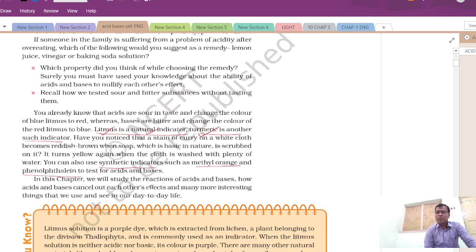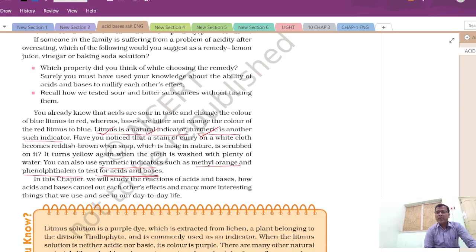What are the uses of these indicators? These indicators are used for testing acids and bases. Remember, the use of indicators is to test acids and bases. Whether a given substance is an acid or a base can only be known with the help of an indicator.